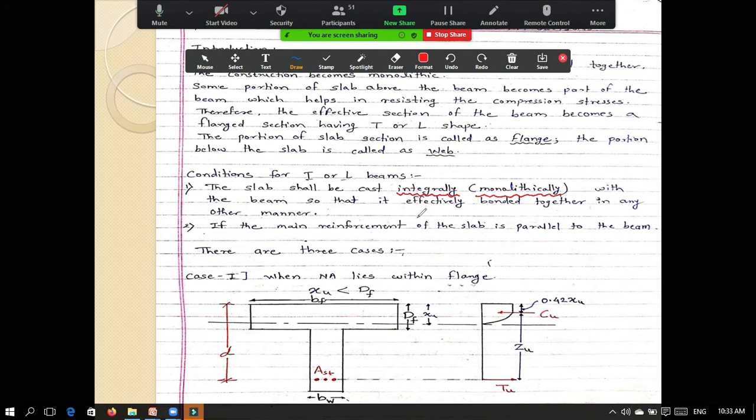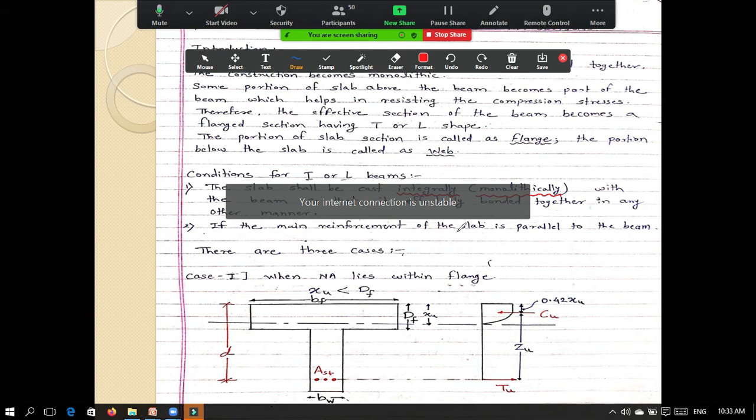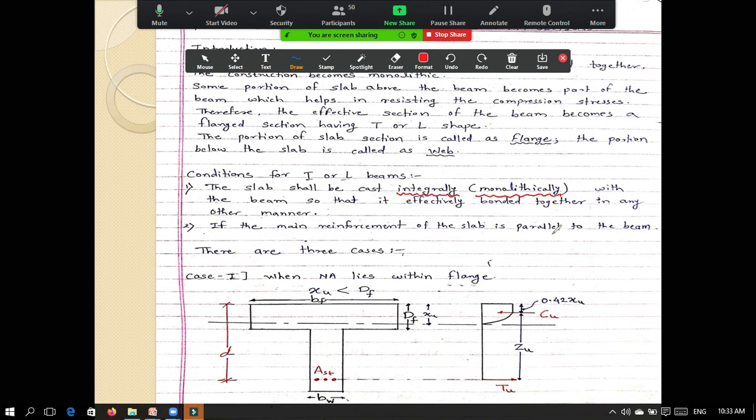Second thing, if the construction is monolithic or uniform or integral, then there is effective bond action between that slab and beam. Okay, the strongest bond gets generated between the slab and beam.